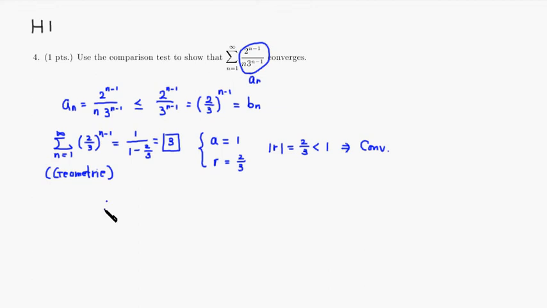So therefore, we know that the summation n goes from 1 to infinity of 2 to the n minus 1 over n times 3 to the n minus 1 converges by comparison test. All right, that's it. I hope that this was clear.